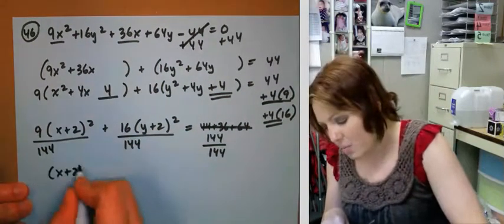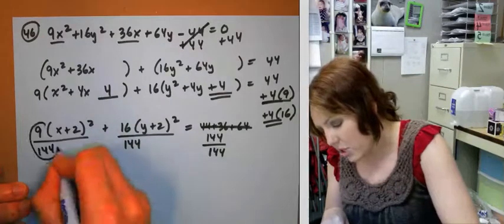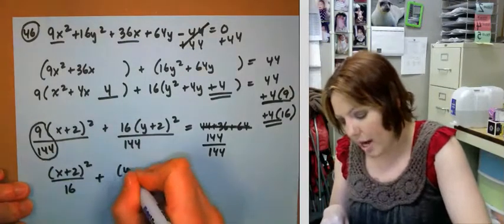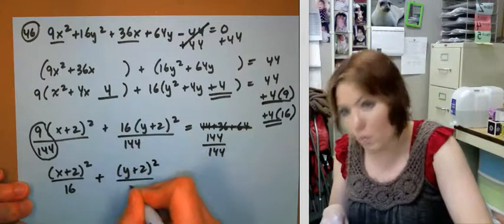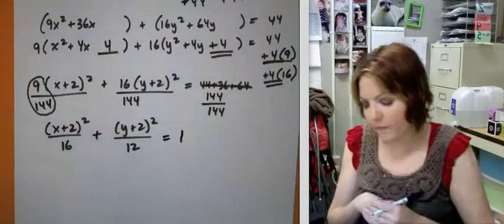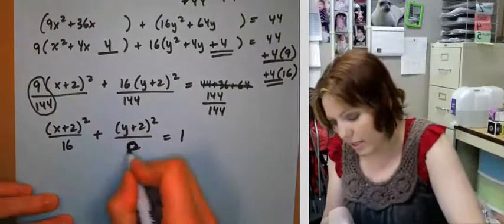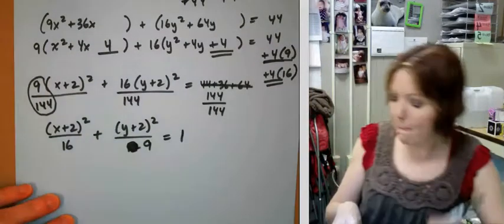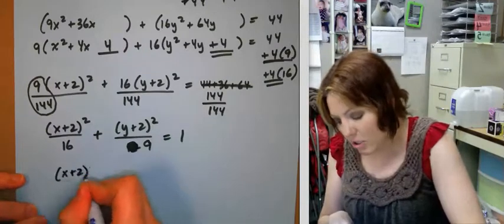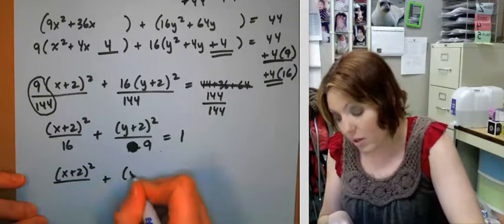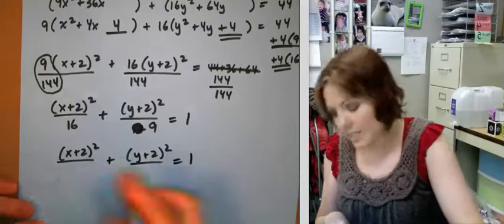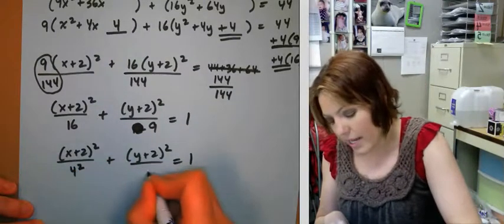So we get x plus 2 squared over 16, and y plus 2 squared over, whoops, not 12, I'm sorry, 9, equals 1. And lastly, we want to write this in terms of a number squared. So we can write 16 as 4 squared and 9 as 3 squared.